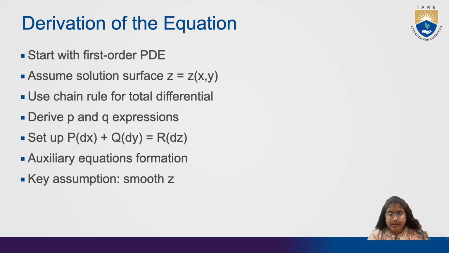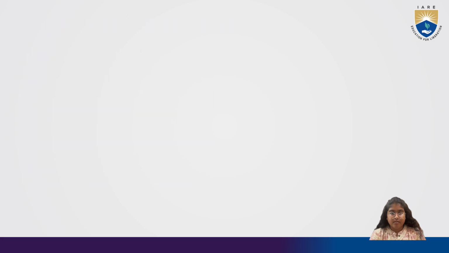A key assumption here is that the function z is smooth and differentiable, meaning there are no sharp edges or discontinuities. This derivation is more than just algebra. It reflects the underlying structure of many physical systems where smooth changes happen over time.